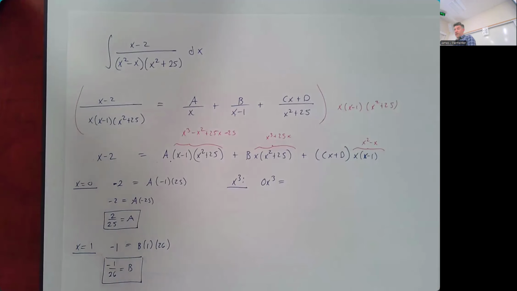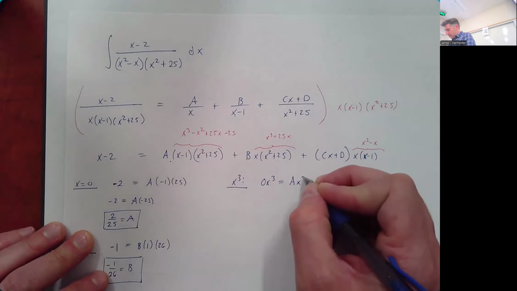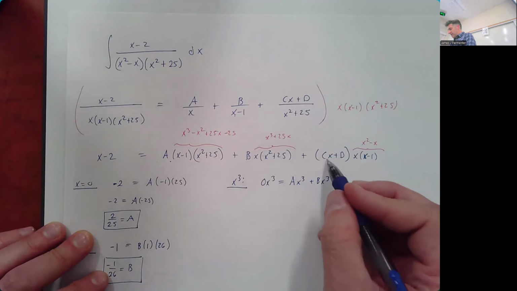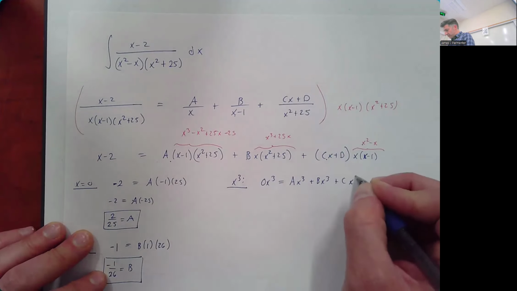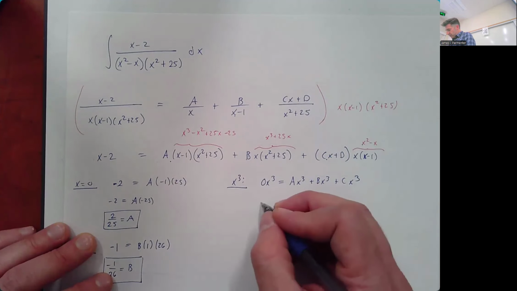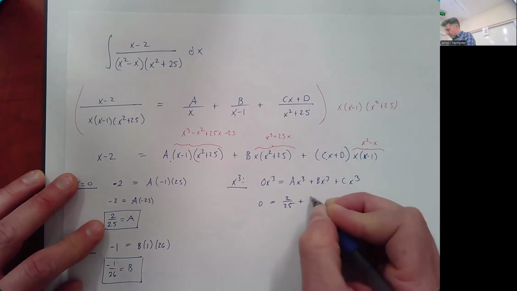So I'm looking at the coefficients of x cubed. I'm going to get an a times x cubed, a b times x cubed, and a cx times x squared will give me a c times x cubed. So it looks like 0 is equal to a plus b plus c.